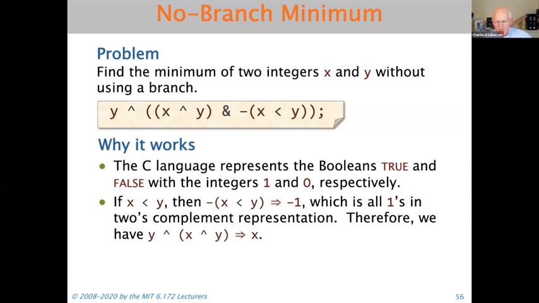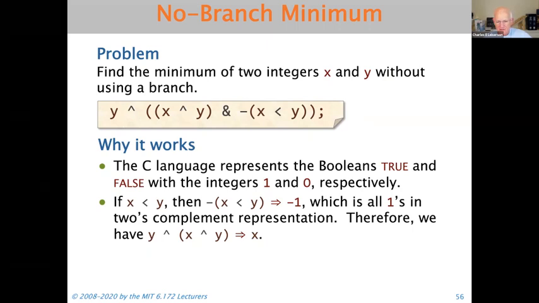Conversely, if x happens to be greater than or equal to y, then the part of the expression after the ampersand produces -0, and -0 is 0. Anything ANDed with 0 is 0, and x XOR 0 is just x, and y XOR 0 is just y.